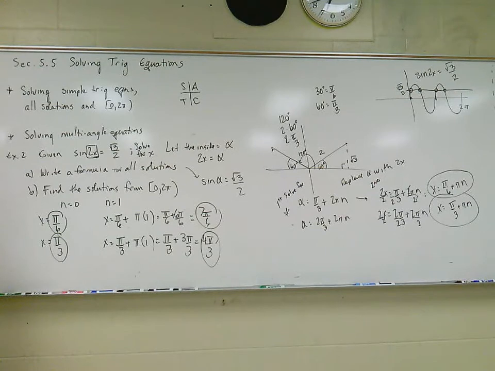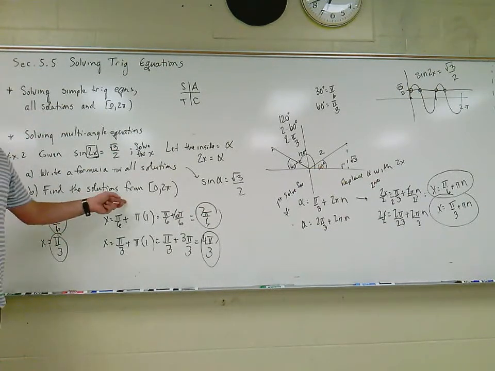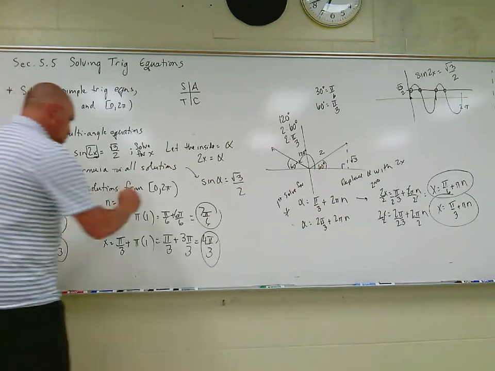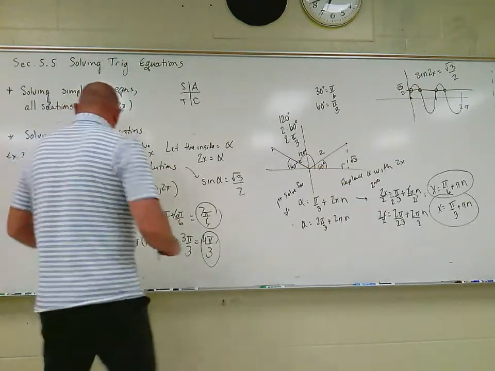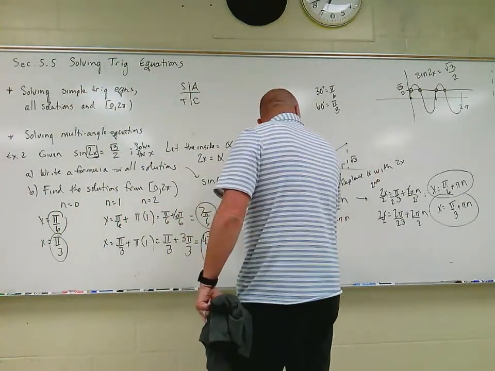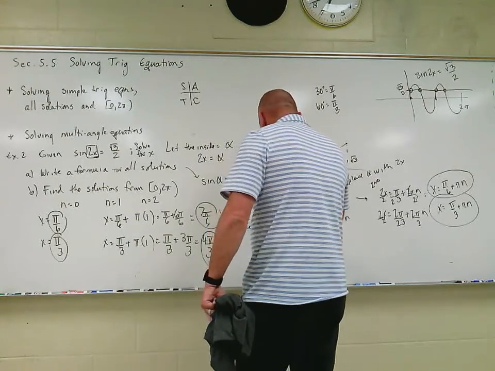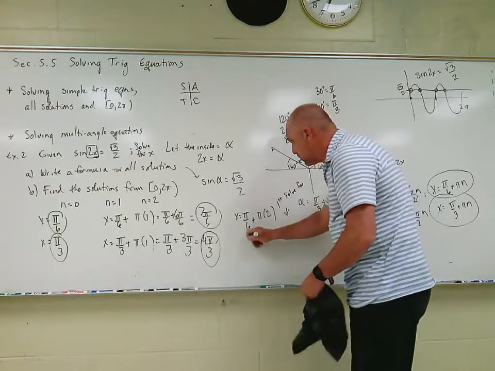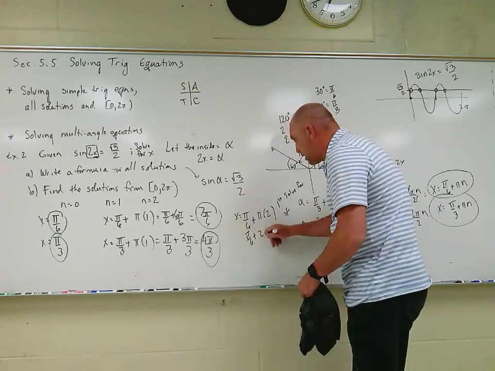Now, how do I know to stop? So watch. What would be the next integer? 0, 1, what would be the next one to plug in? 2. But now I know to stop because look, if I plug it into the formula, it's pi over 6 plus pi times 2, which is pi over 6 plus 2 pi.